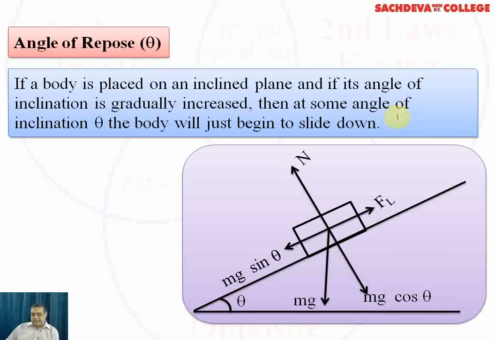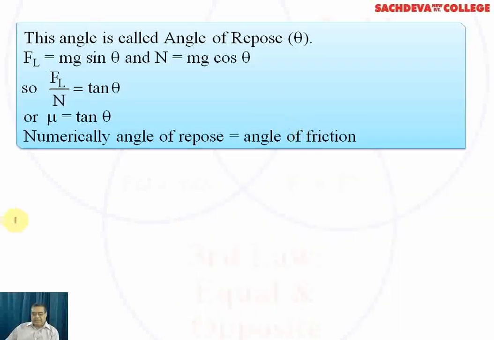Then at a certain instant, the block will start moving down. If a body is placed on an inclined plane, and its angle of inclination is gradually increased, then at some angle of inclination, the body will just begin to slide down. This angle is called the angle of repose, at which the body is just sliding down.